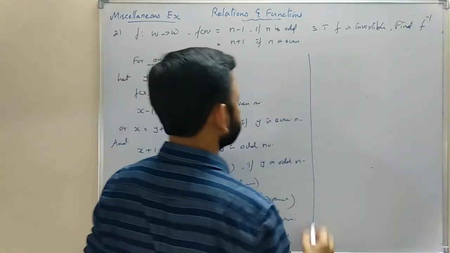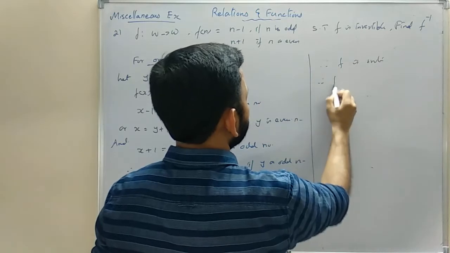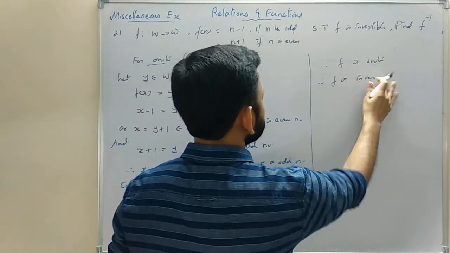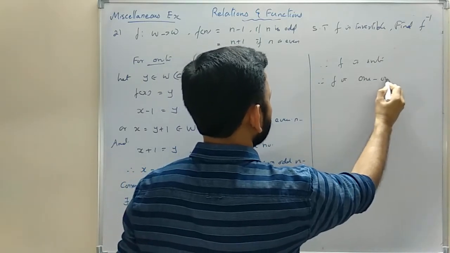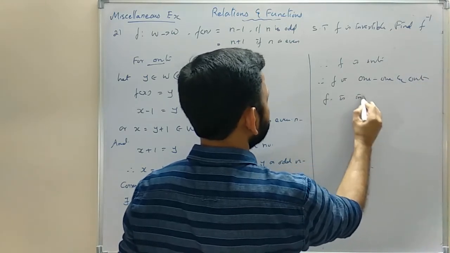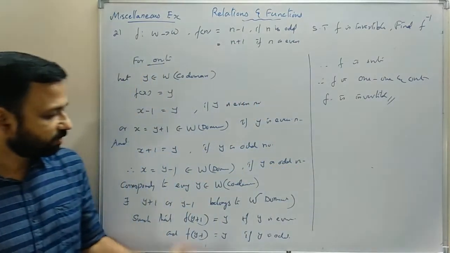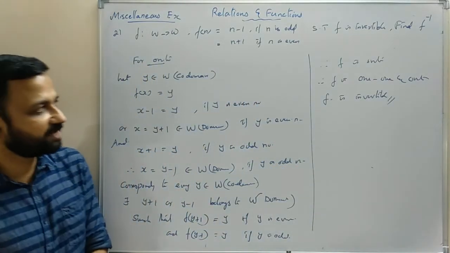Therefore we can say f is onto. Sorry, f is 1-1 and onto. So we can say f is an invertible function.